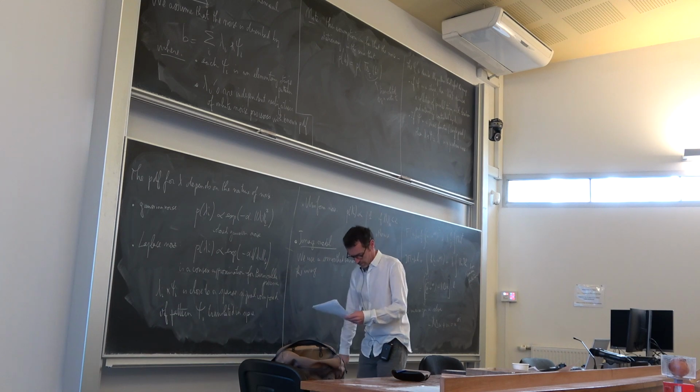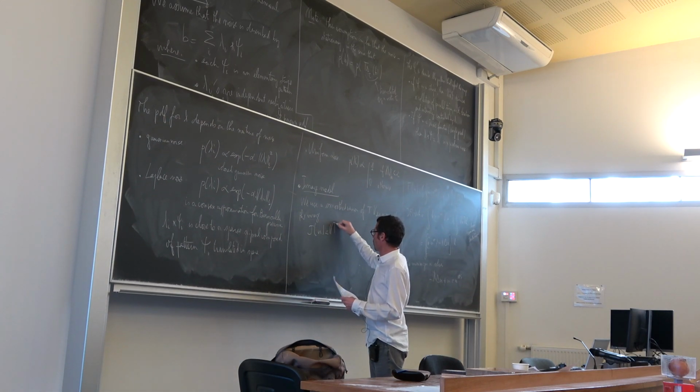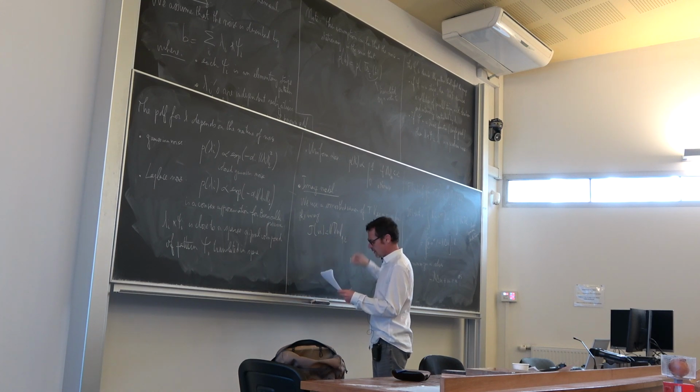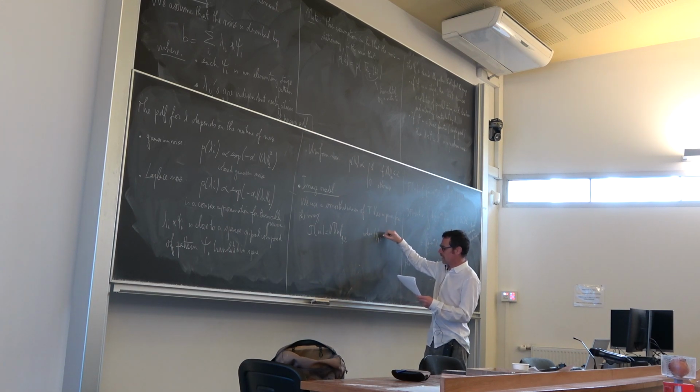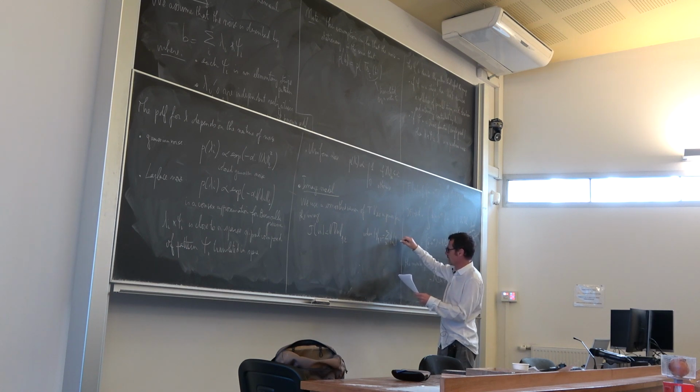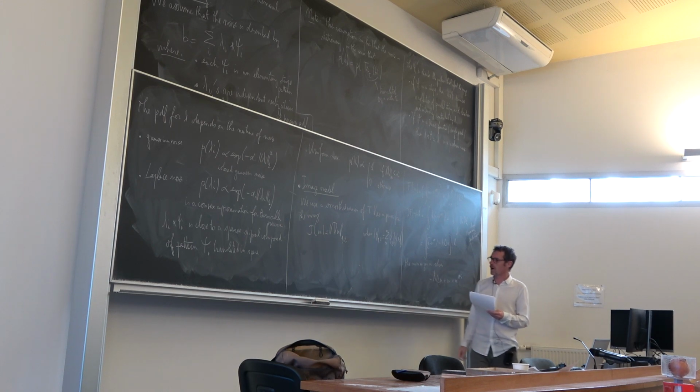So J of u is the norm of the gradient of u, L1 epsilon, where the norm is the sum over all the pixels x of phi_epsilon of the norm of the gradient at the pixel x.